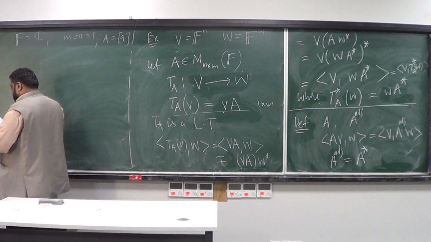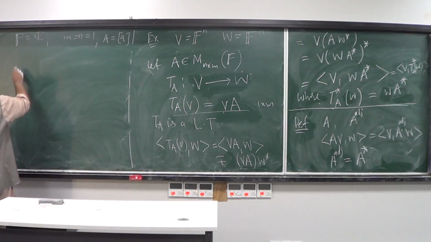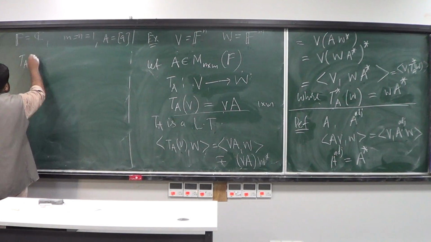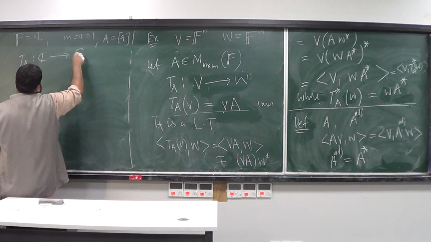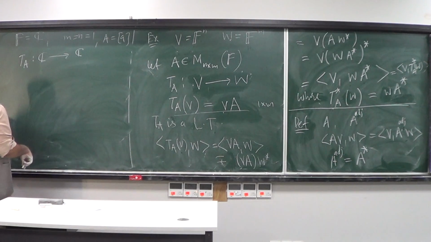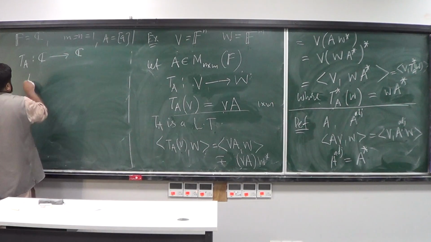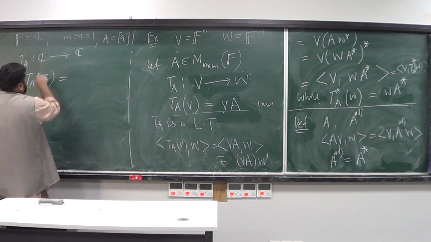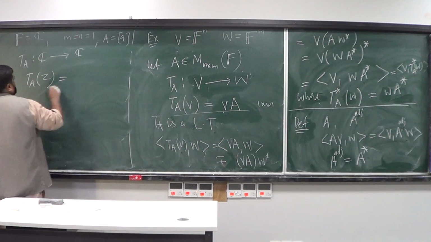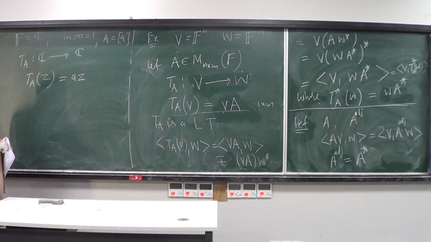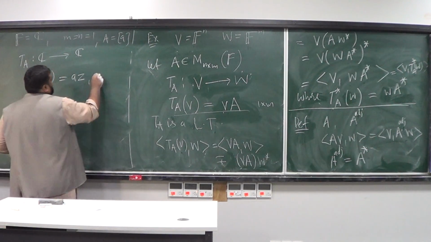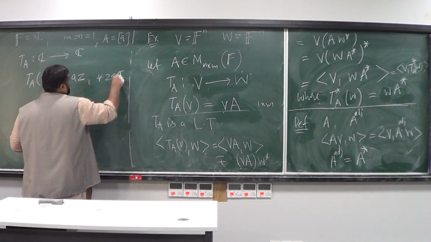So this is now a simple scalar. Then T_A is going to be a linear transformation from C to C, and the definition of T_A of z, where z is a complex number, is simply A z, for all z in the set of complex numbers.